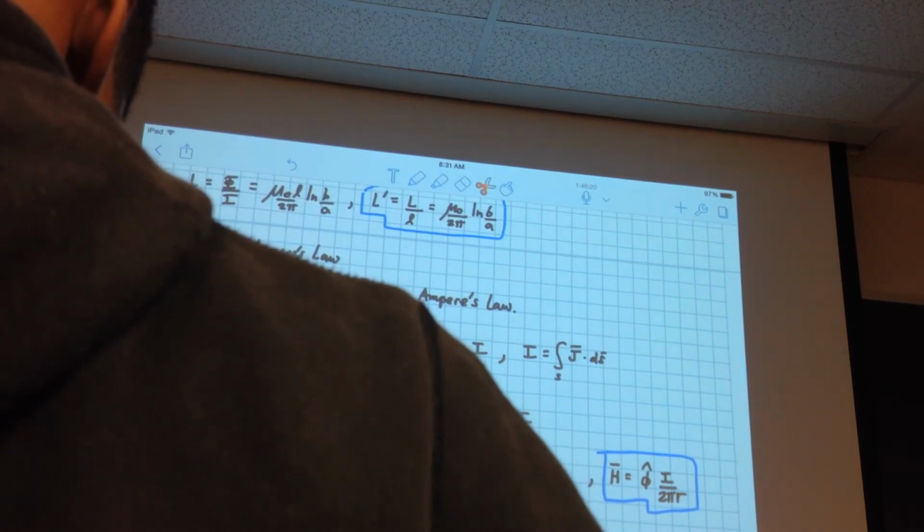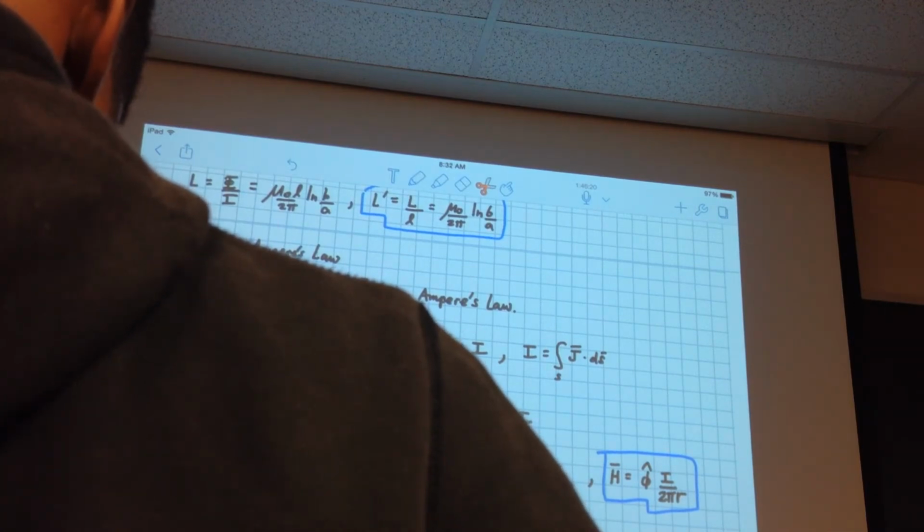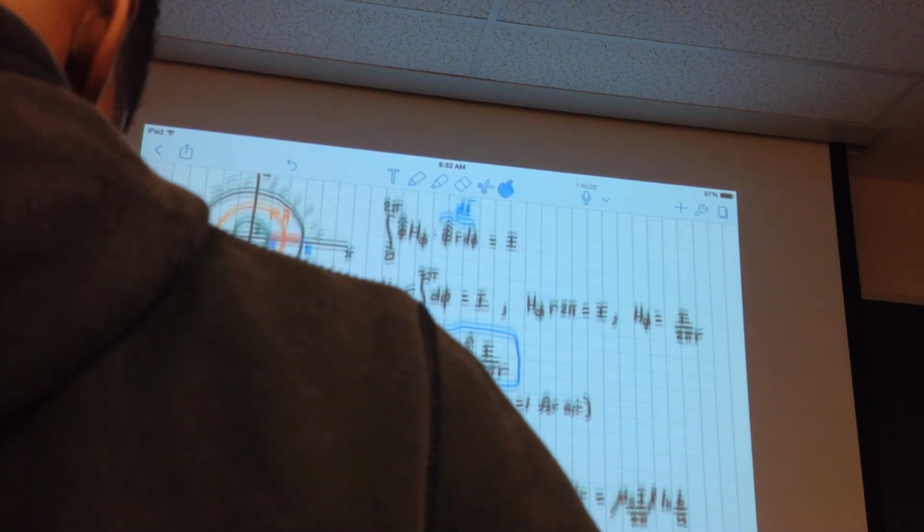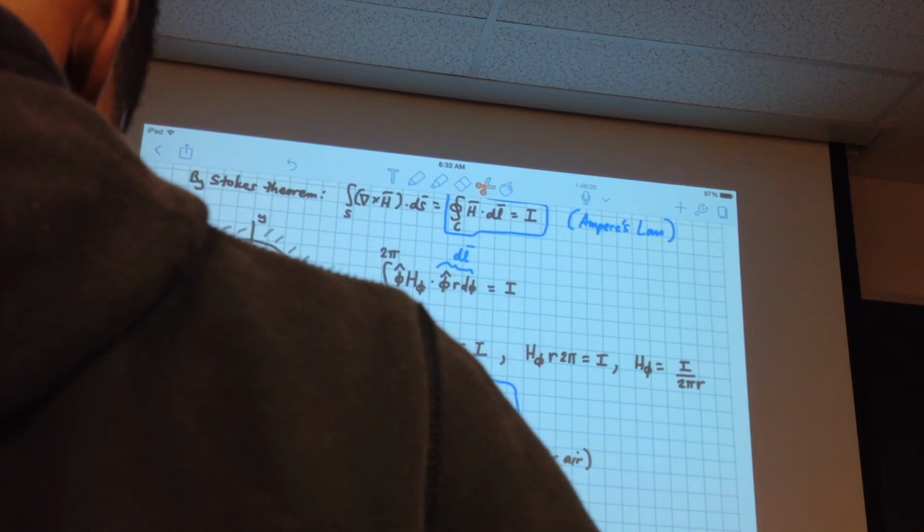Okay, so whether or not you've got the current flowing on the surface of this inner conductor or the current just flowing inside of this wire, the resulting magnetic field is the same. Kind of, right? I mean, in the coaxial cable, even though the equation is the same, you don't have any current for r less than a. You have no magnetic field in there either.